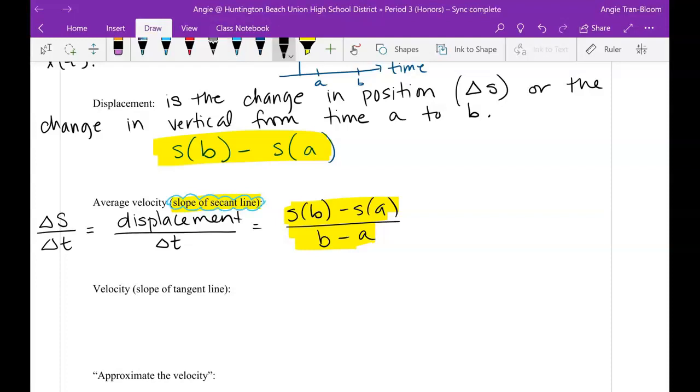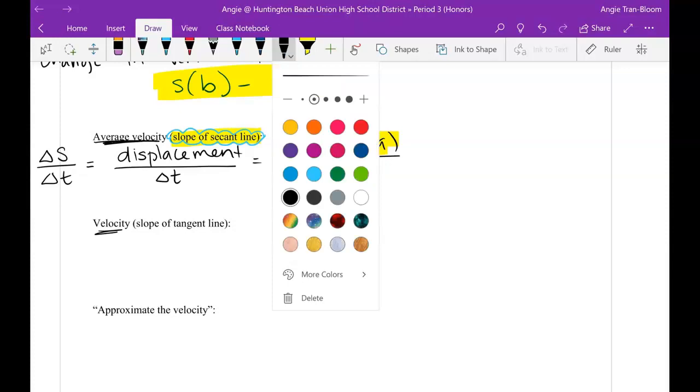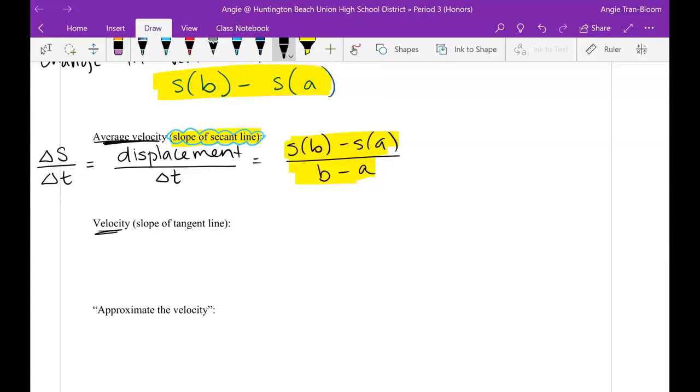Now velocity. Can you see that average velocity and velocity are now two different things? Velocity is the slope of a tangent line. So this really is instantaneous. Instantaneous means it's going to happen at one location.